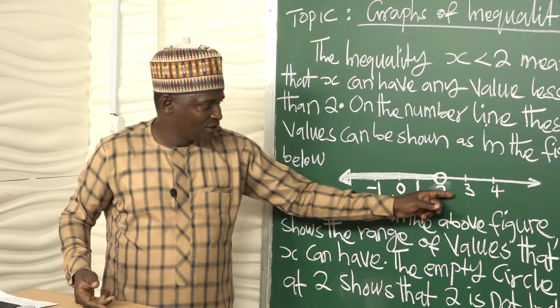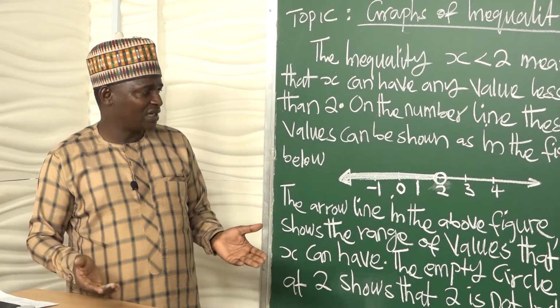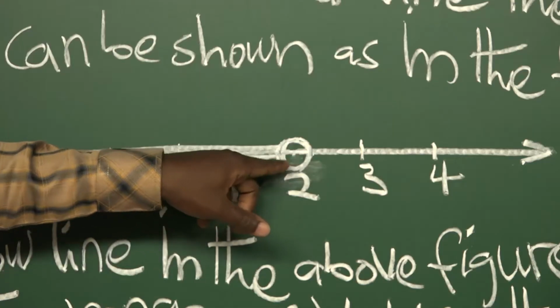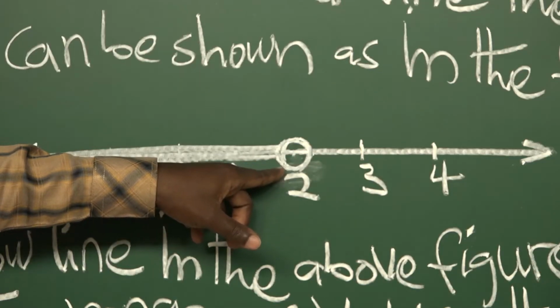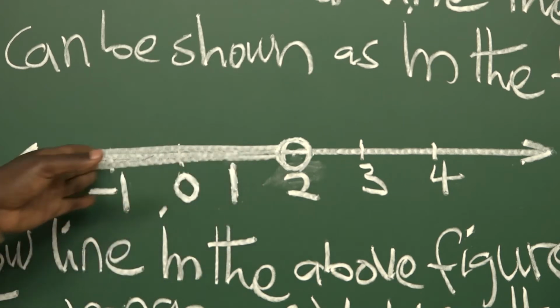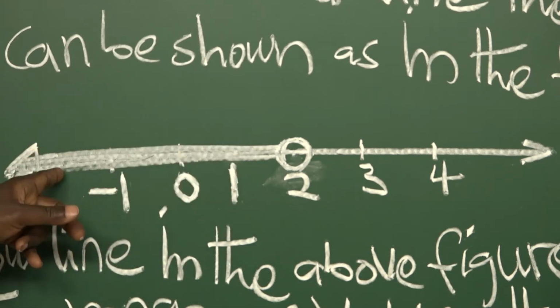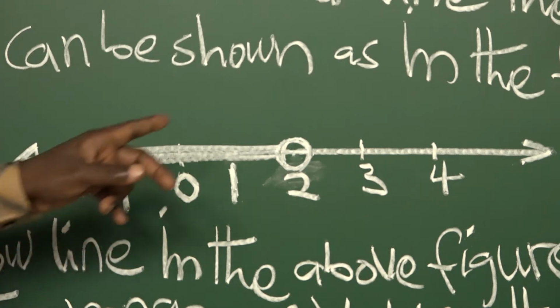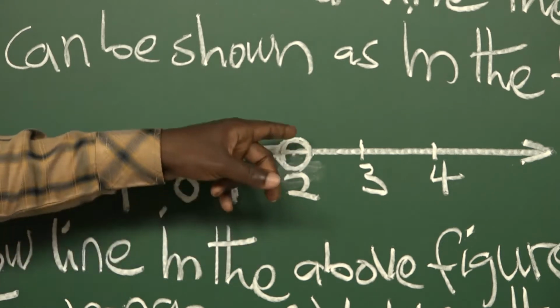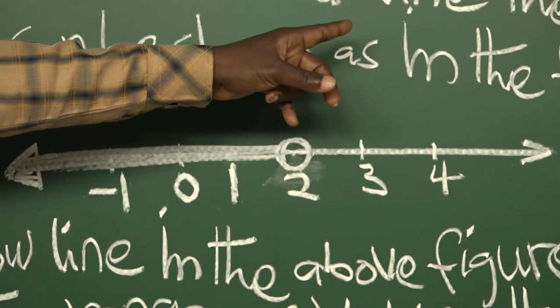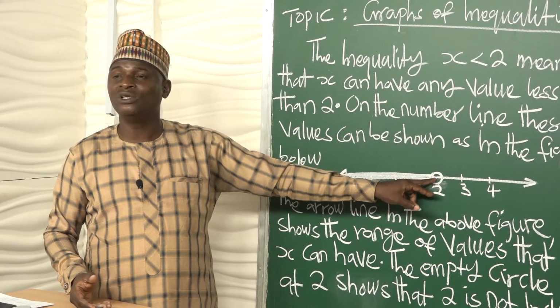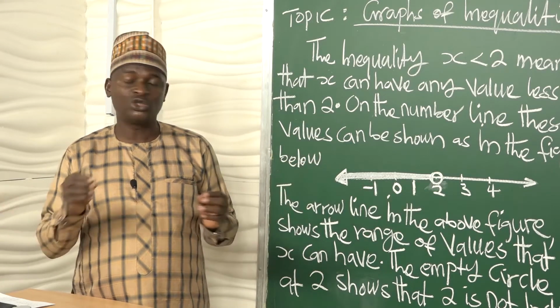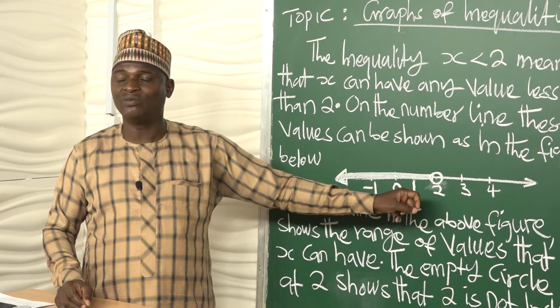You may now ask yourself, why is this circle empty? It's not shaded like this part of the number line. Yes, because 2 is not among the values of x. That is why the circle is left empty, to show you that 2 is not among the values of x.